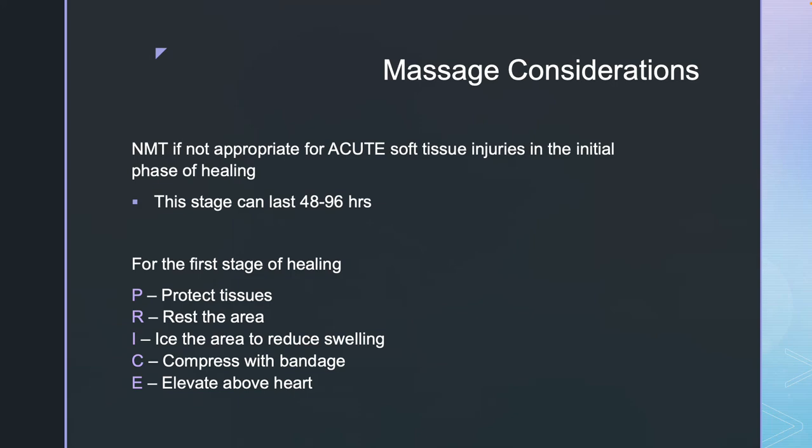Remember, protect the tissue, rest the area, ice to reduce your swelling, compress and elevate above your heart. This is where people don't get it right. They'll say, oh, my foot's elevated. Yeah, but you're still in a seated position and it's not above your heart. We want it above the heart so the lymph and the blood is flowing away from that area. Get that inflammation out.